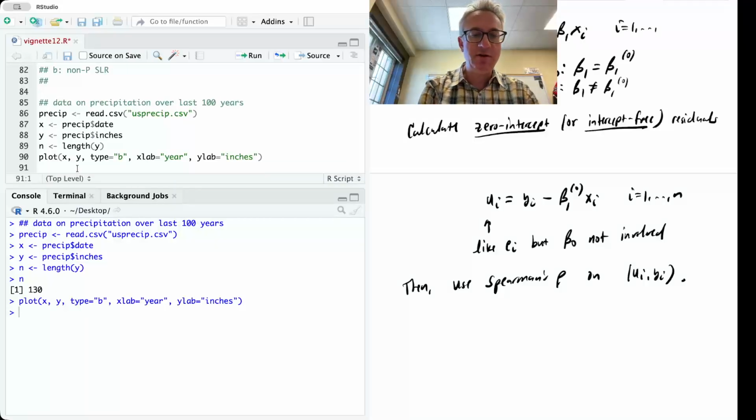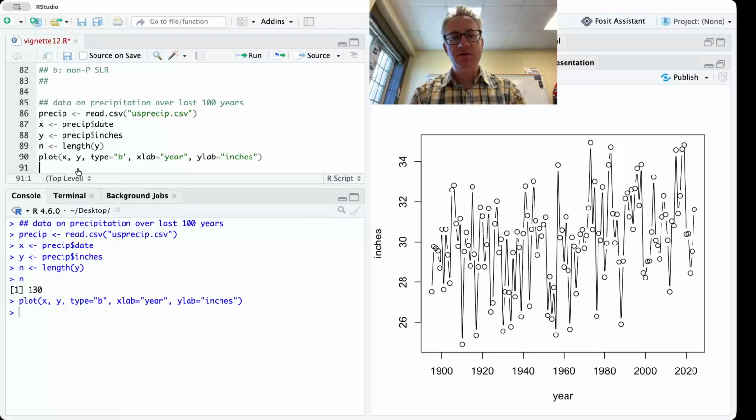You'll find this in the book. So in this plot you can see that it's a highly noisy time series. So this is technically called a time series, but we're just doing a scatter plot, and I've connected them with lines so you can kind of see the evolution in precipitation over time.